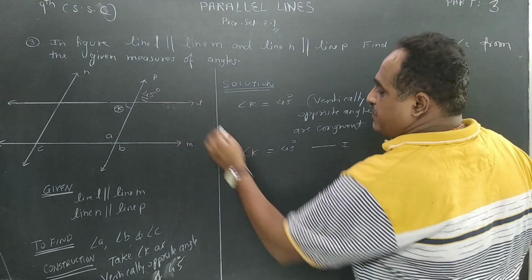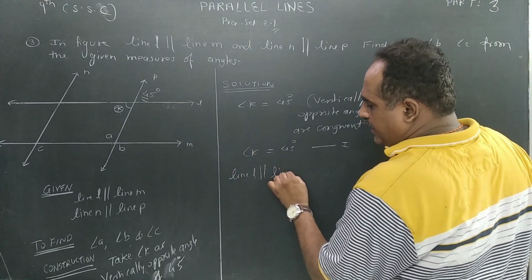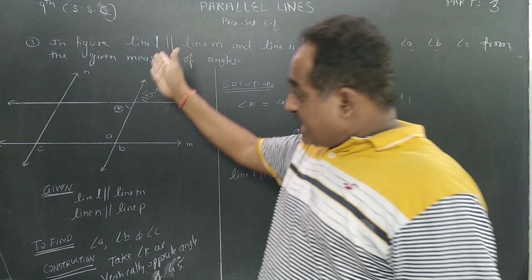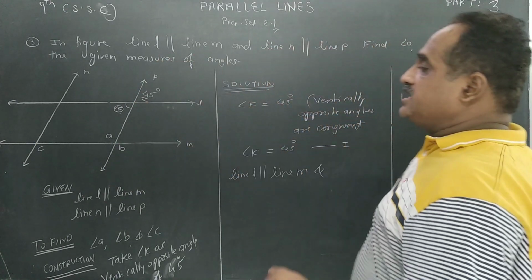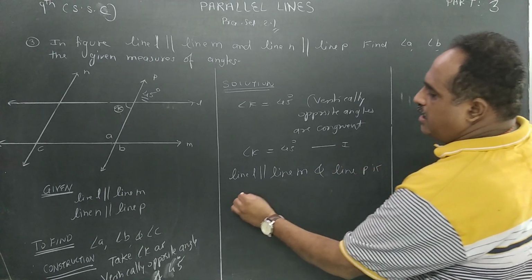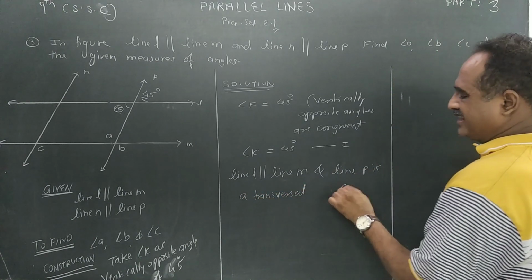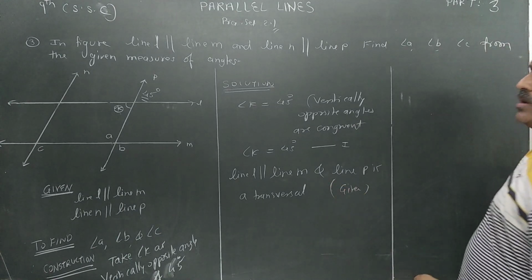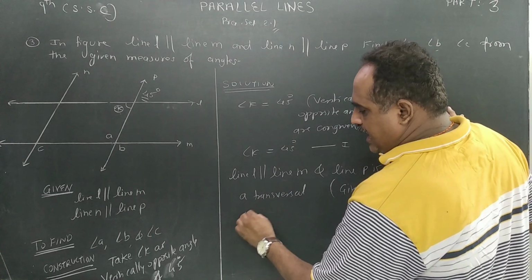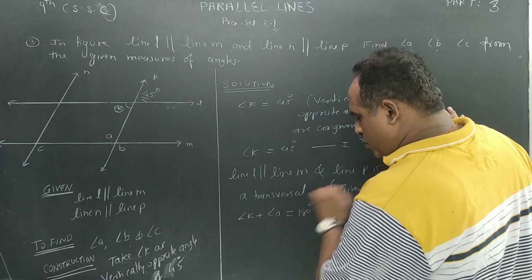Line L is parallel to line M, and the transversal is line P, and you can write it as given. Then I can say that angle K plus angle A is equal to 180 degrees.